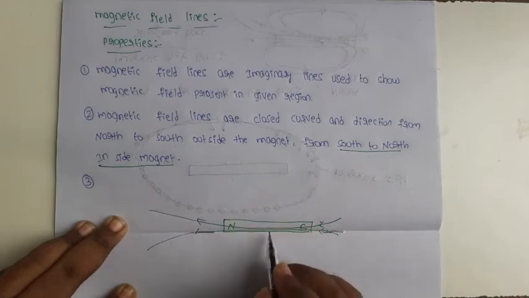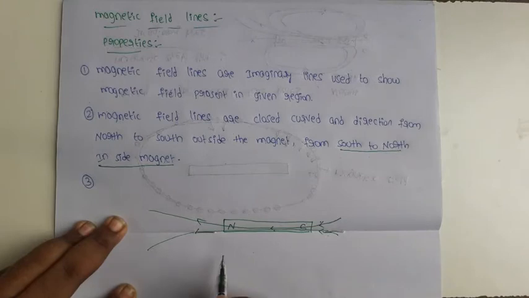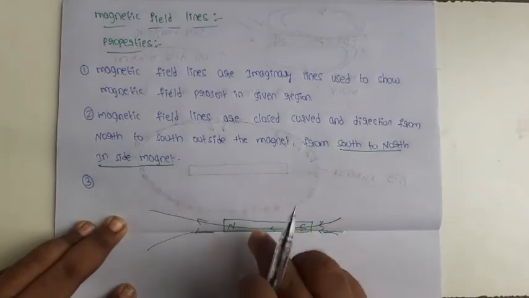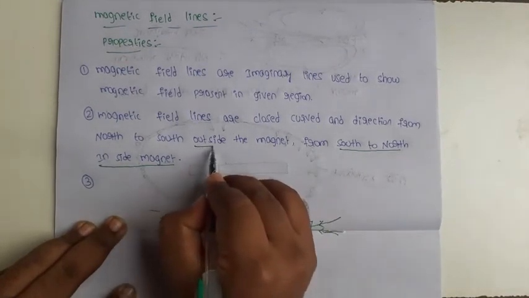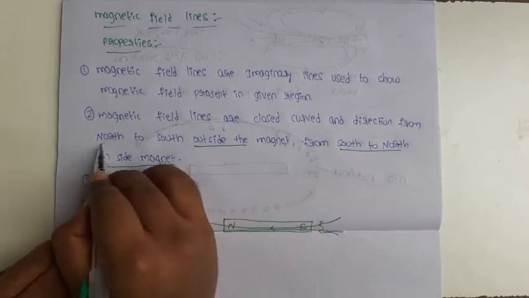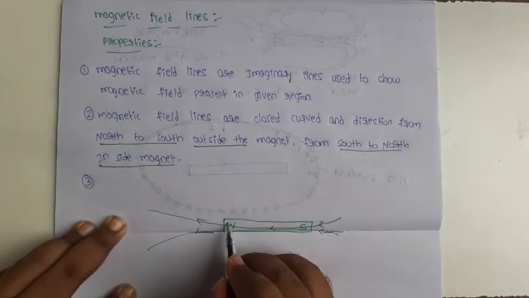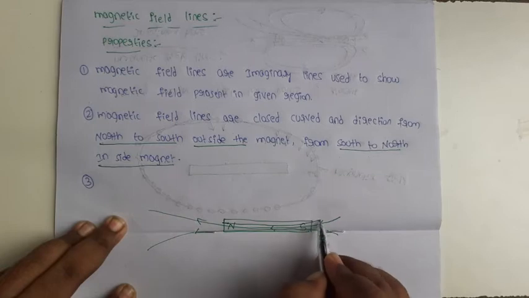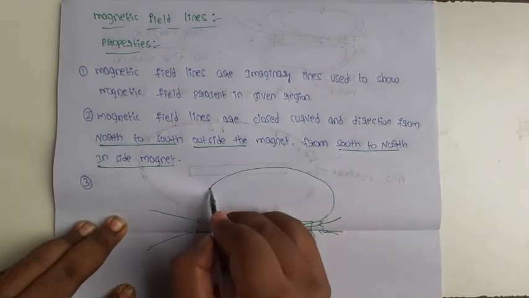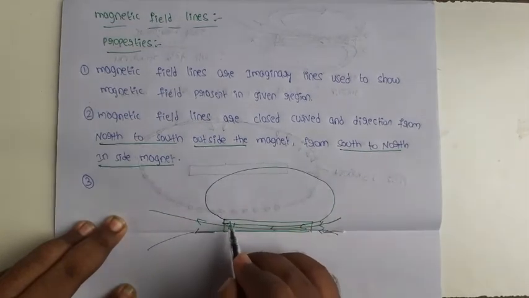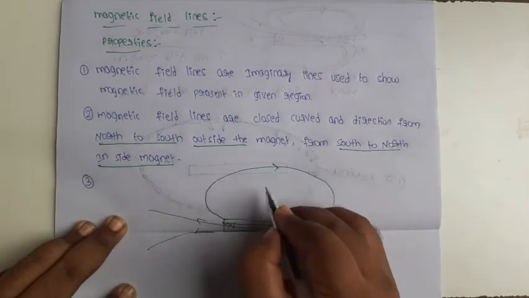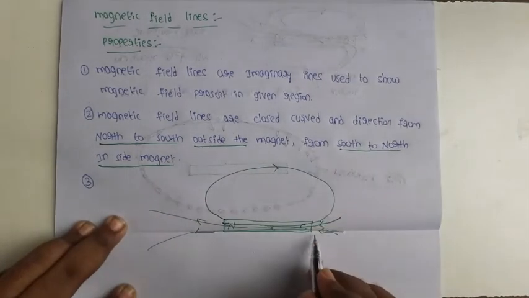What about the outside of the magnet? Outside the magnet, north to south direction.